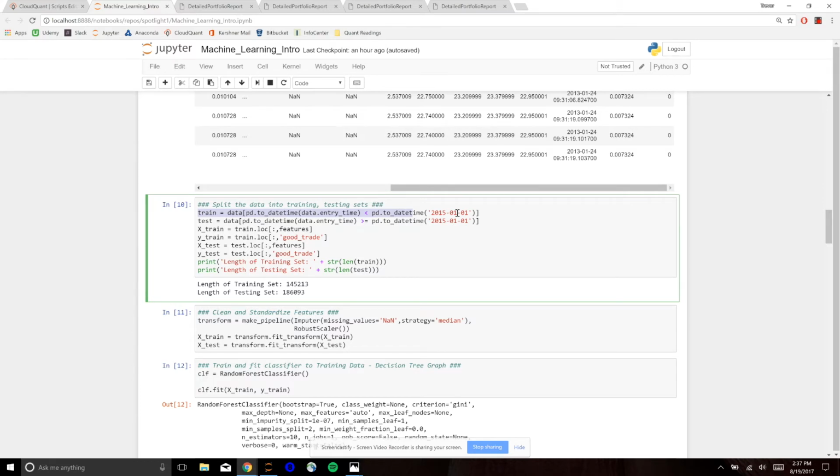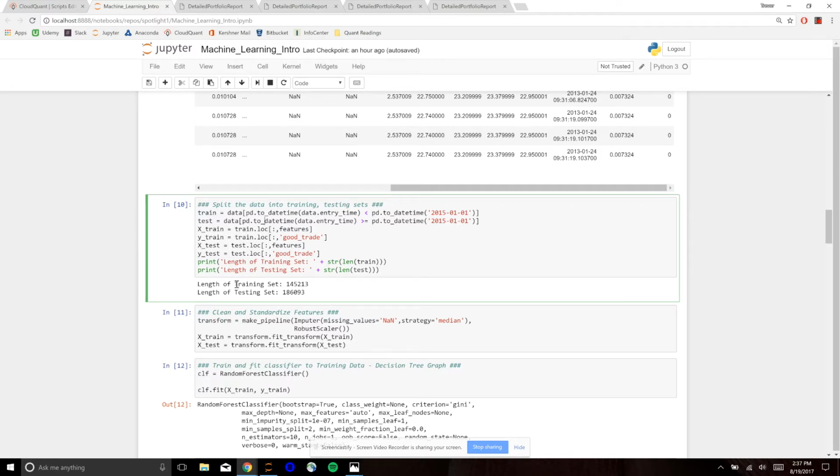Anything before then, January 1st, 2011 to December 31st, 2014, is going to be my training data. Then my testing data, to see whether the machine learning algorithm is doing a decent job of predicting, is going to be from January 1st, 2015 to the present day, or the most recent day that I was able to capture data.